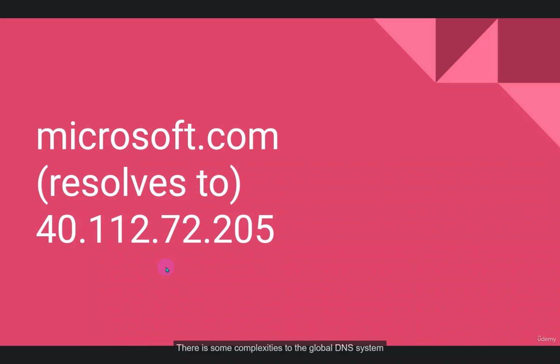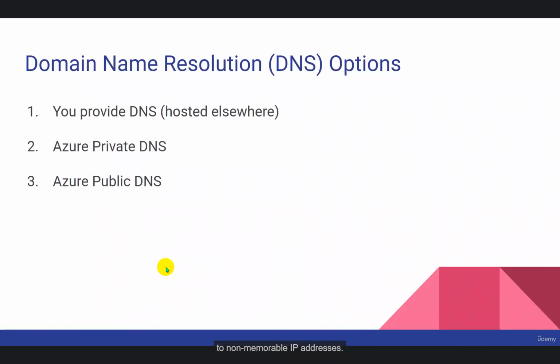There are some complexities to the global DNS system on how things are cached and things are not updated instantly around the world and things like that. But we don't have to worry about that for now. So the DNS resolves human rememberable domain names to non-rememberable IP addresses. Within Azure, you have a number of options.